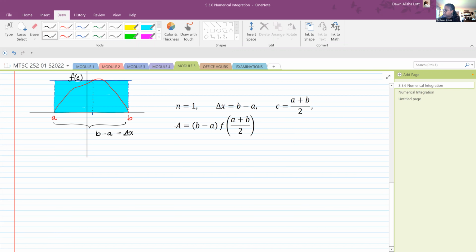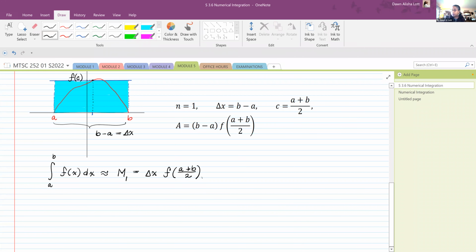So therefore, I'm going to say that the integral from a to b of this function f of x dx is being approximated by the midpoint rule, where n is equal to 1, which is to just take delta x, which is b minus a, times f of a plus b over 2.